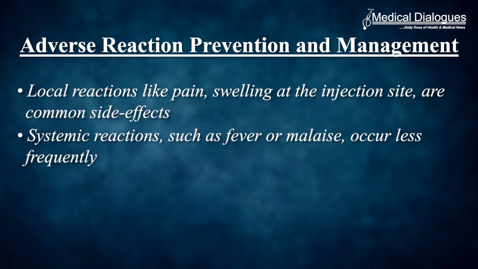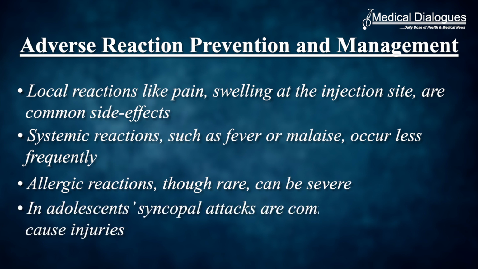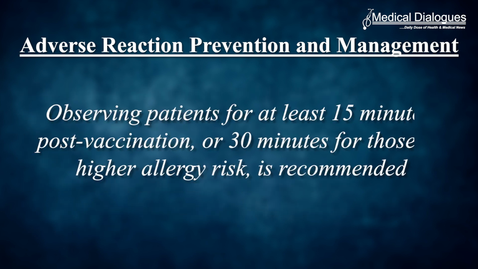Systemic reactions such as fever or malaise occur less frequently. Allergic reactions, though rare, can be severe. In adolescents, syncopal attacks are common and may cause injuries. Observing the patient for at least 15 minutes post-vaccination, or 30 minutes for those at higher allergy risk, is recommended.